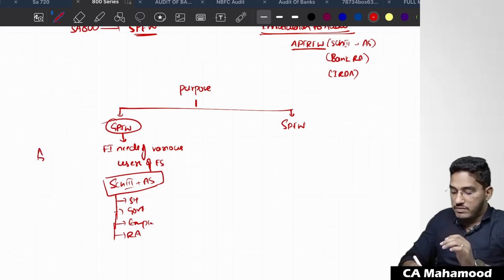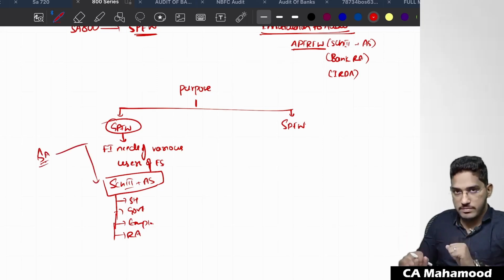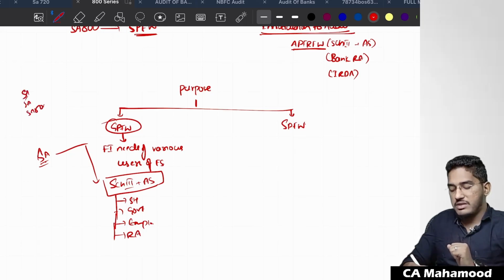Till now, whatever standards on audit we have discussed are all talking from the perspective of audit of financial statements which are prepared as per general purpose framework. Like we have seen SA 200, SA 210, SA 500 series, how to obtain audit evidence, SA 700 audit reporting requirements.